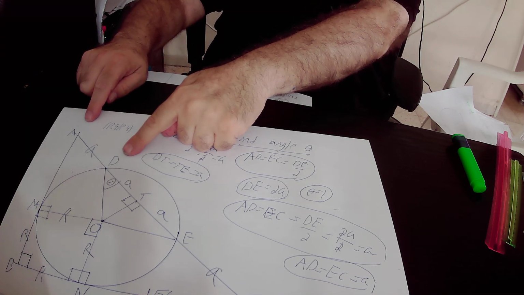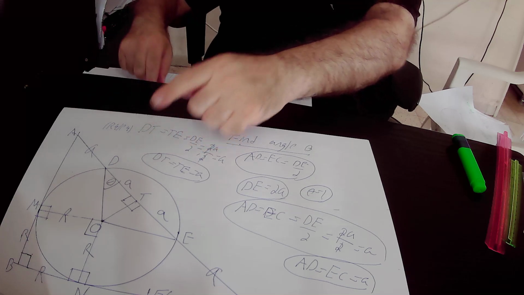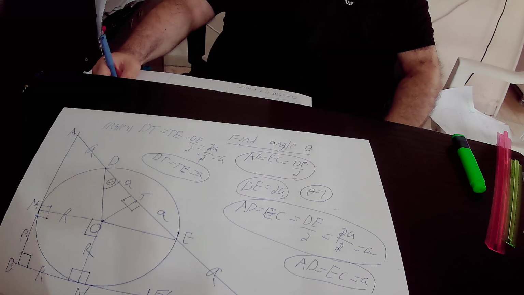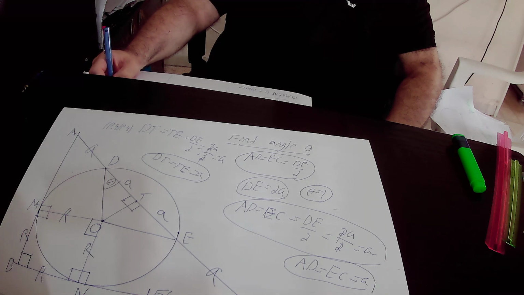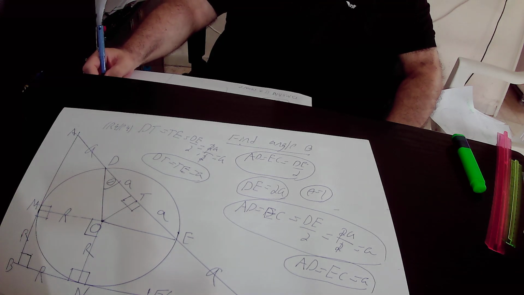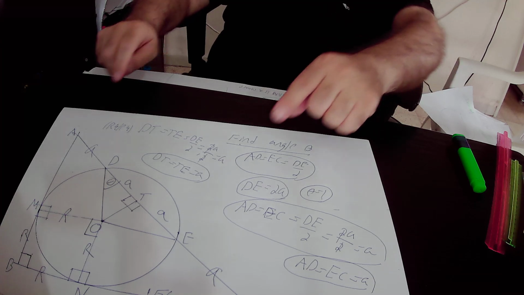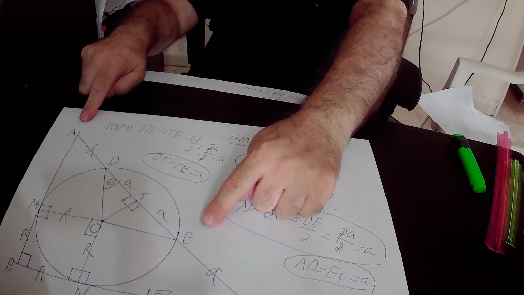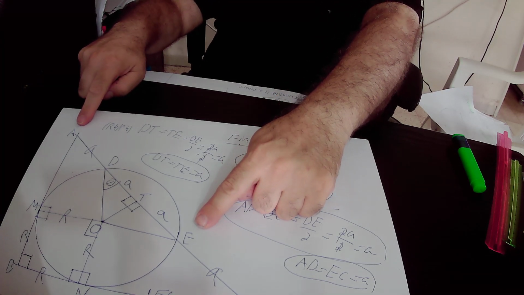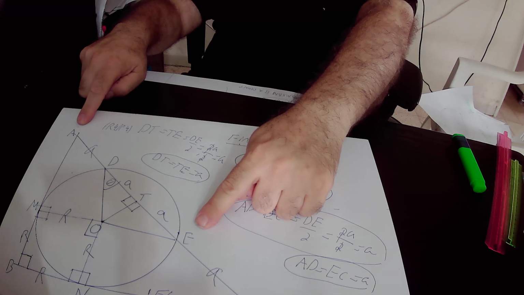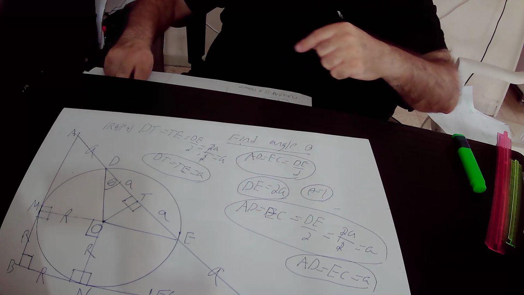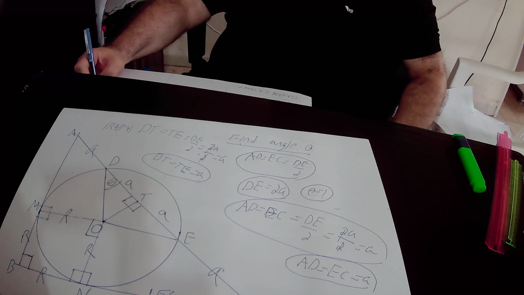AD equals A, so we substitute AD by A. What is the value of AE? From the drawing it is very easy to see that AE equals A plus A plus A, that is 3A. So we substitute AE by 3A.